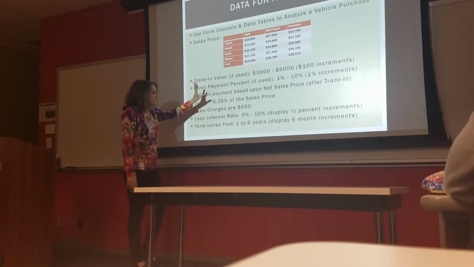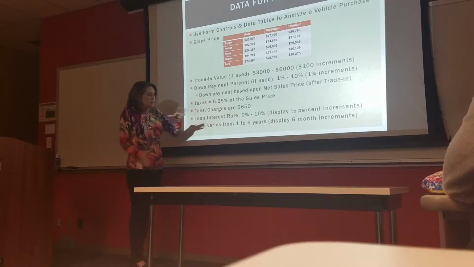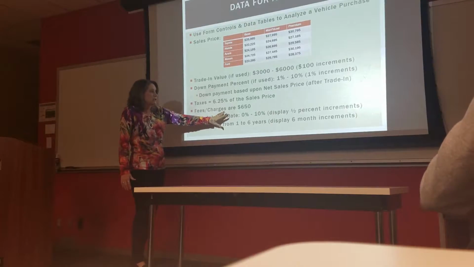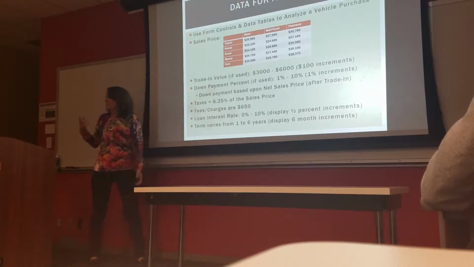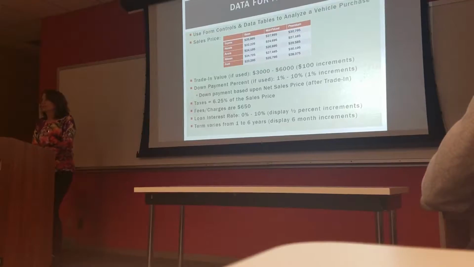It'll put in the taxes and the fees. We'll eventually get to the loan amount that they need, and let them explore different interest rates and terms. It's an interesting model with a lot of pieces, and we're going to use it to demonstrate a big variety of form controls.